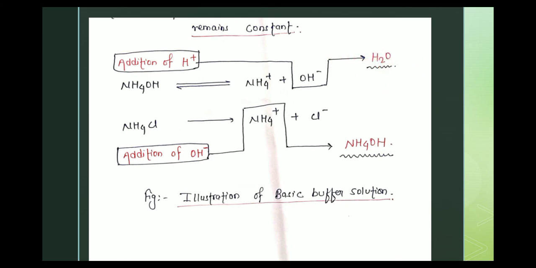Okay, now again on the addition of base, as we all know base will give OH minus, and this OH minus will again combine with this NH4 plus in the solution and thus forms ammonium hydroxide, and thus the pH remains constant. This is the basic idea guys.